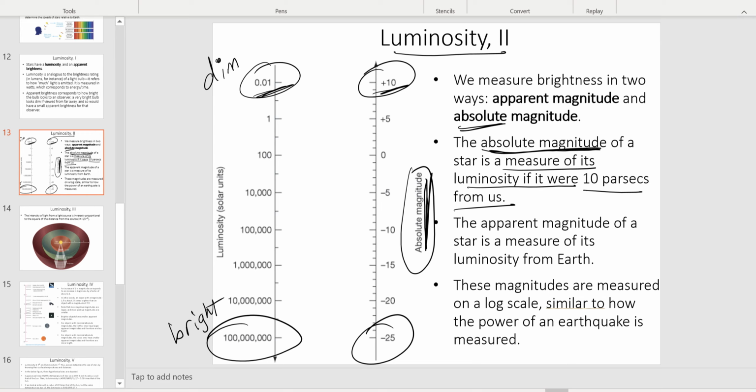So we're getting rid, in a sense, of the fact that objects that are farther away are dimmer. Now, obviously, we cannot do this in real life, but this is the abstract idea. So the absolute magnitude of a star is how bright the star would look if it were 10 parsecs from us. That's the idea.